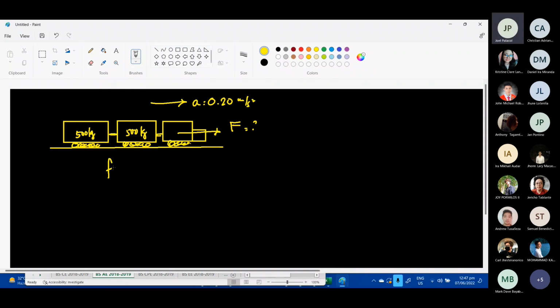Say, for example, that the frictional force, the drag on each car, is 0.04 of the weight.